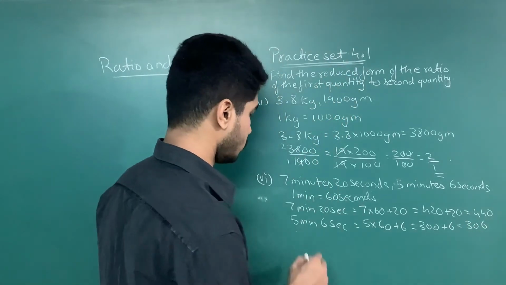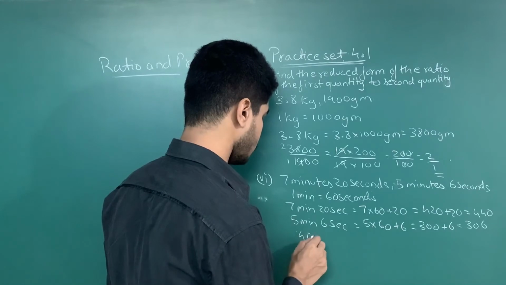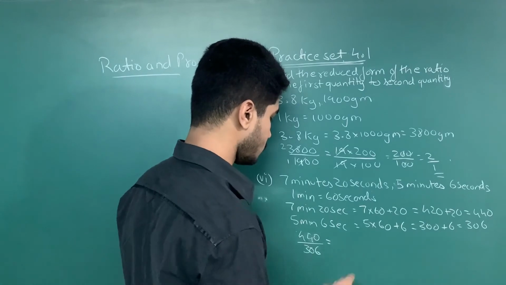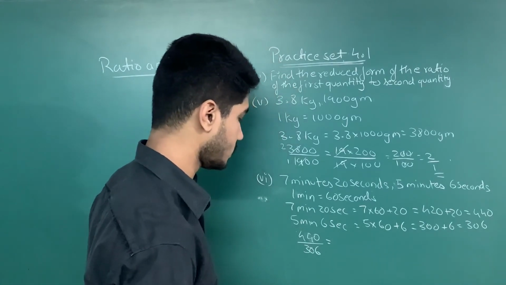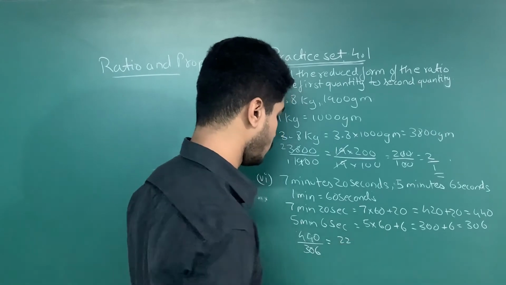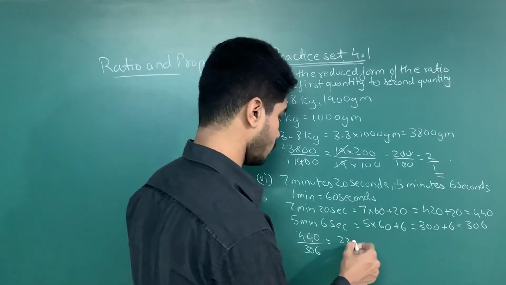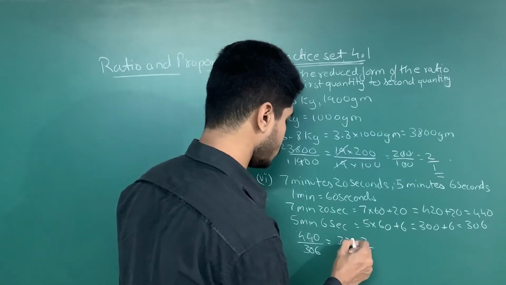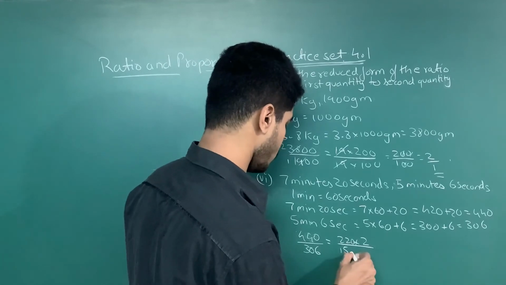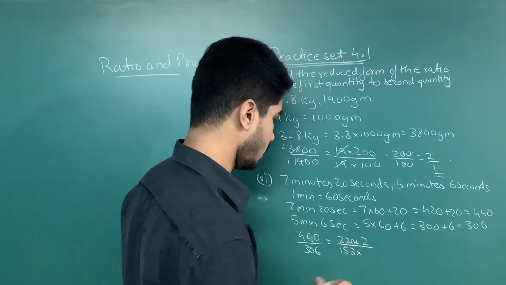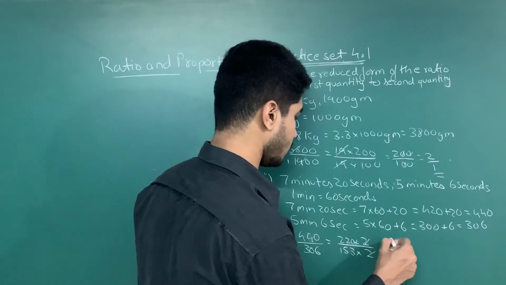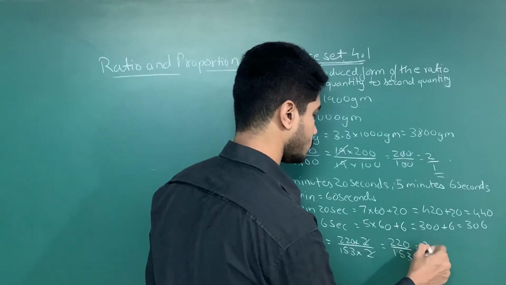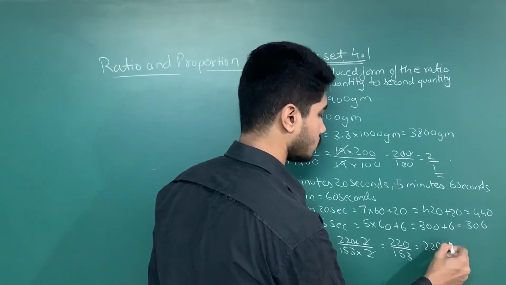You can take this into ratio, that is 440 upon 306, which you can write as 220 into 2 and 153 into 2. So the 2 and 2 get cancelled. You are left with 220 upon 153.